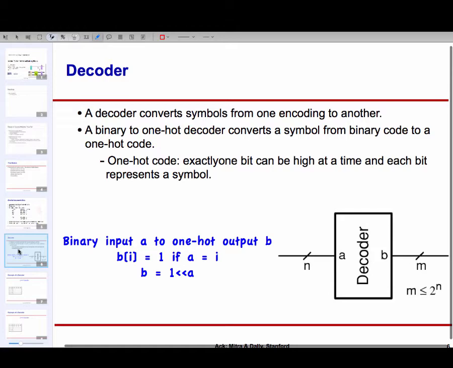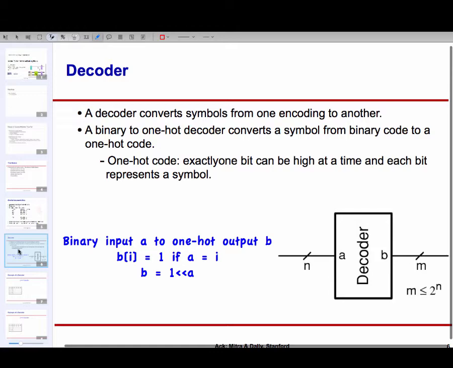So a decoder is a module which takes a signal which is n bits, encoded in the natural binary encoding that we have for numbers, and then outputs the one-hot coded version. Specifically, if input A corresponds to the decimal number I, then the ith signal on the output is going to be 1, and the rest would be 0.